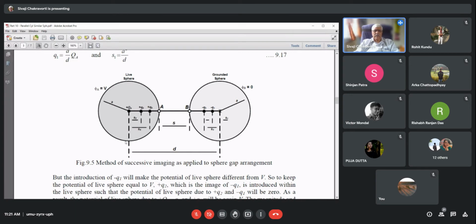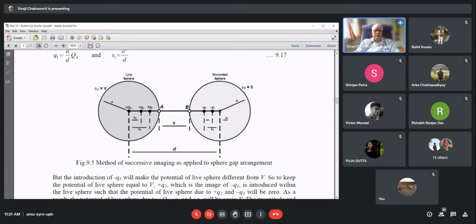Now, how do we start this problem? It is something like this, that first you consider this live sphere as an isolated sphere. And you all know that an isolated charged sphere can be represented by a charge at the center of the sphere. This you have studied in your class 12.